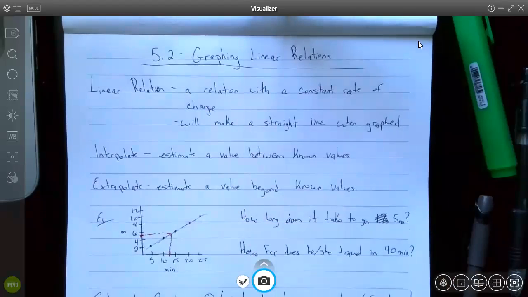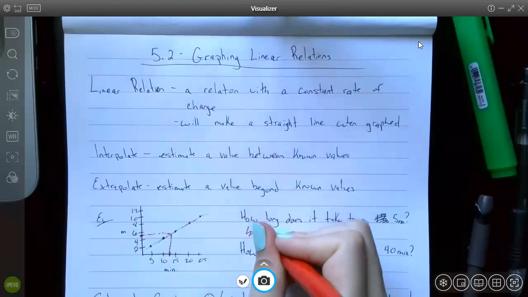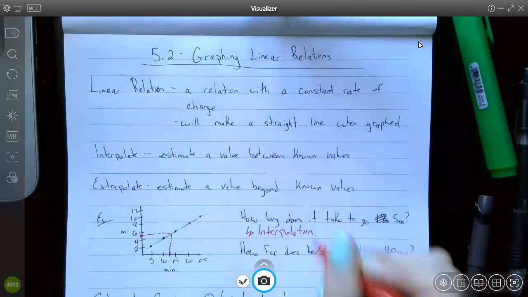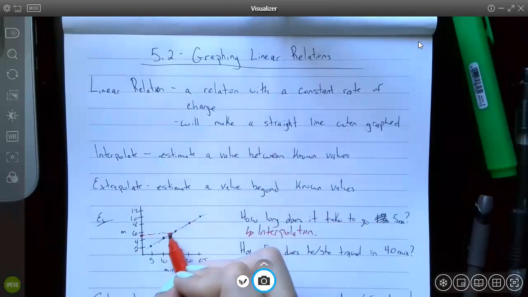And so we would be able to estimate how long it would take to go 5 meters using interpolation, because this value that we are estimating is between two known values.